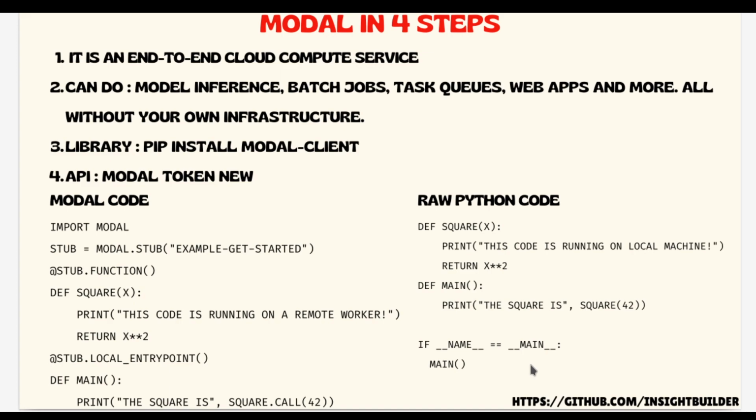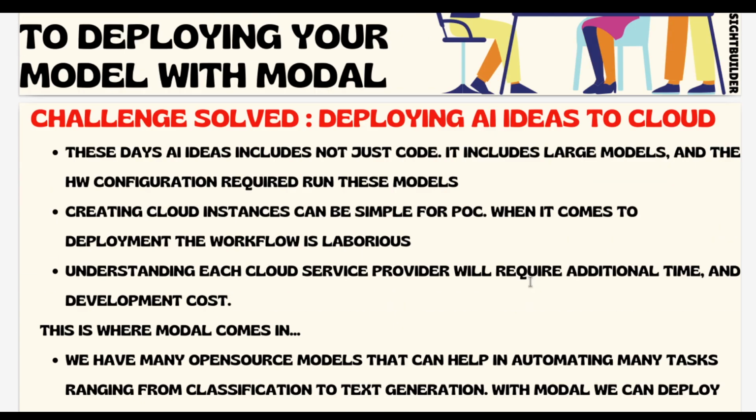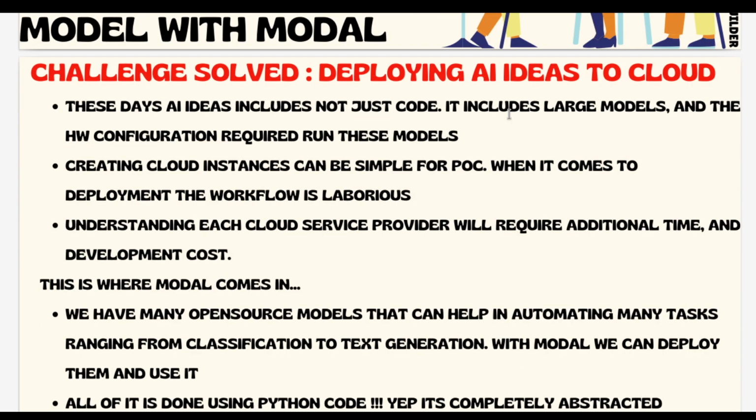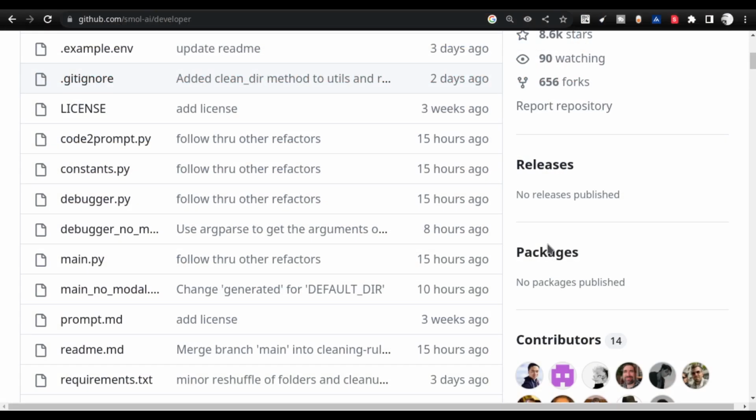The reason why I'm discussing this is that when I was having this particular problem, I was searching for a solution, and I came across this. I was discussing with some of my subscribers, and one of them, Mr. Prashant, introduced me to a Git repo called developer.